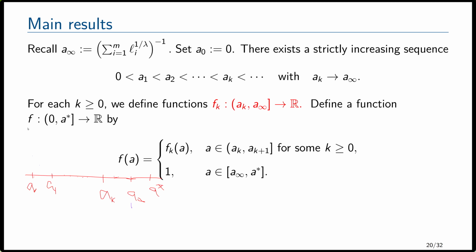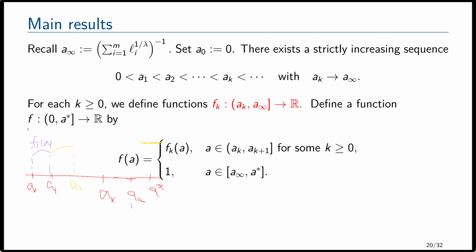So F1 is defined if A is in A0 to A1, and then A1 to A2 is F2. And then we define a sequence of functions, and we define Fa. And if A is greater than A infinity and less than A star, then Fa is defined as 1.